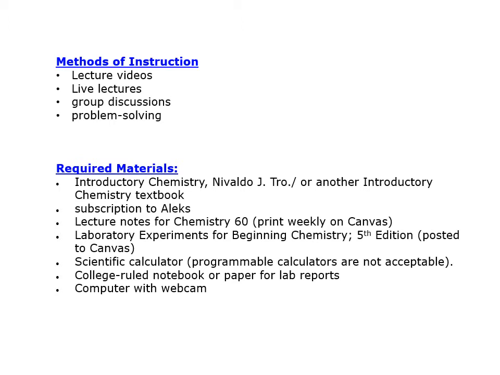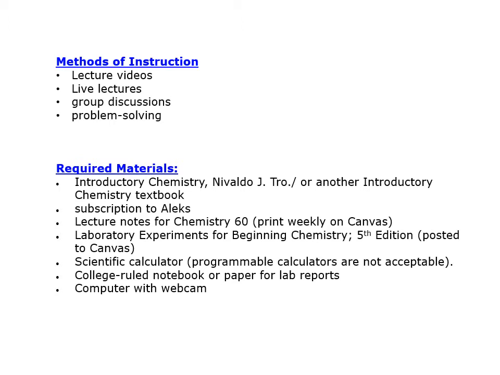The stuff that's required for this class is a chemistry textbook. I highly recommend the Introductory Chemistry by Nivaldo Tro. Any edition would be fine, or you can get any other chemistry textbook. You will need a subscription to ALEKS, which I will talk about more.